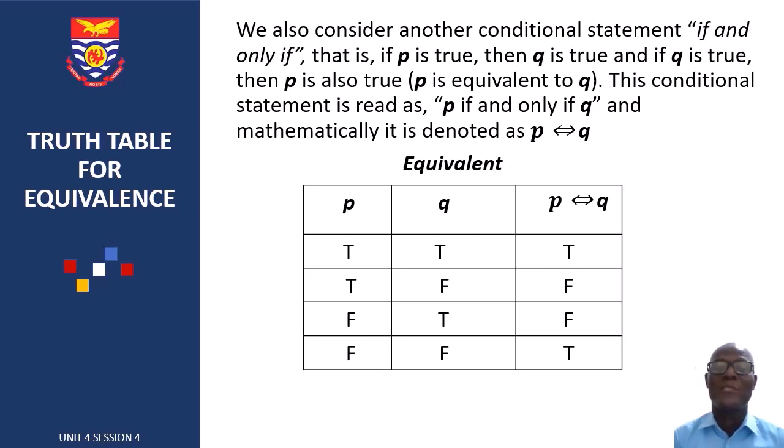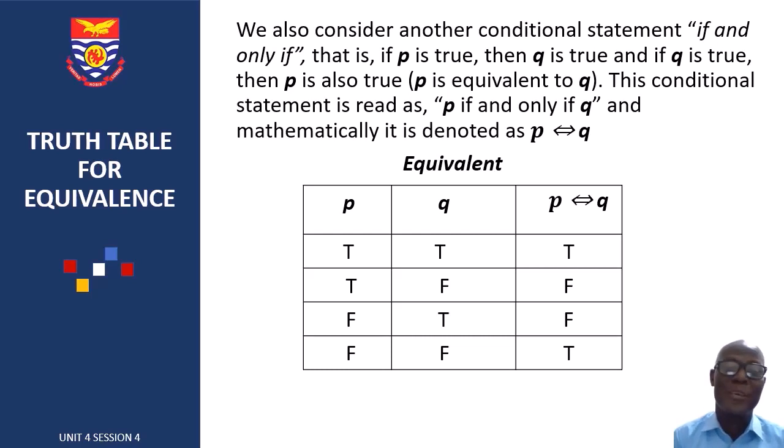Then we say P is equivalent to Q. Now, in the equivalence truth table, if P implies Q is true and Q implies P is also true, then P is equivalent to Q.